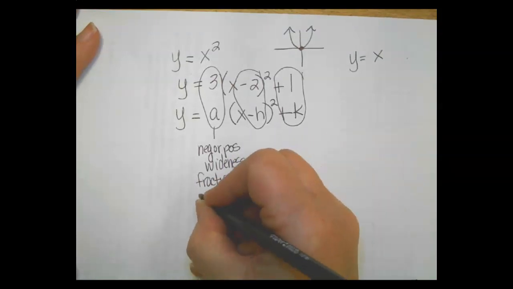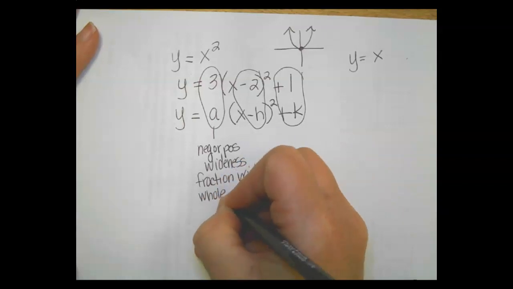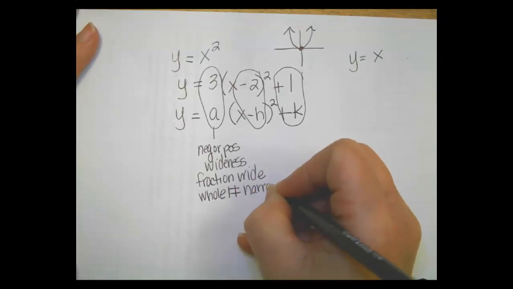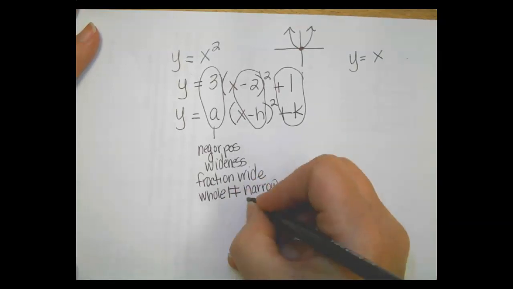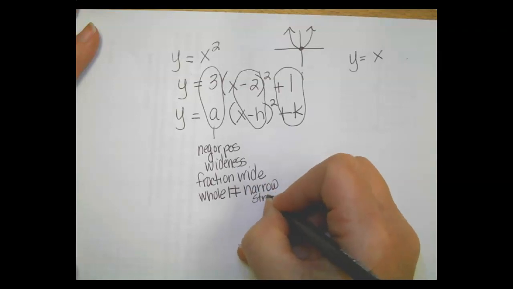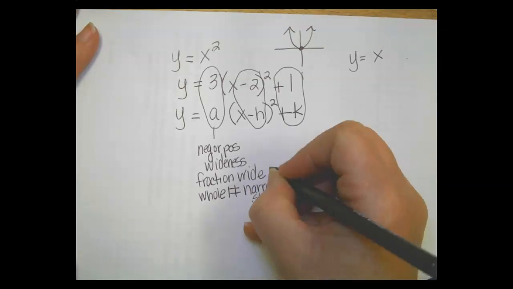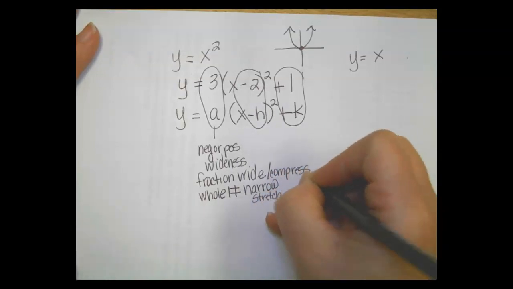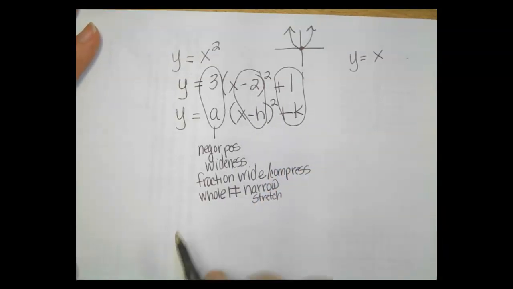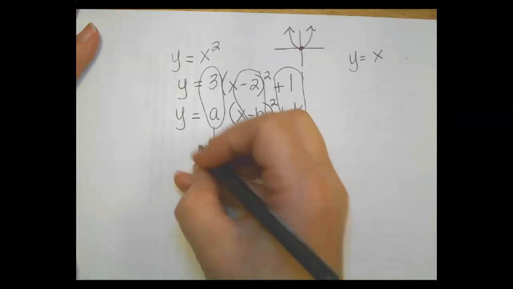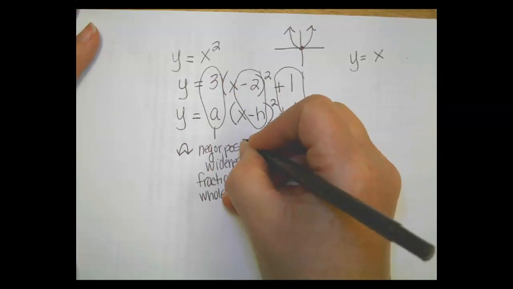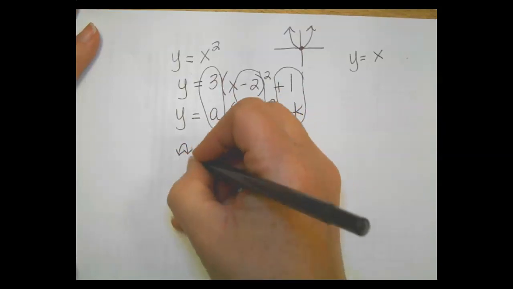A whole number is narrow, or they call it stretched. Wide they also call compressed. The other thing is, if it's negative, it's going this way, and if it's positive, it's going this way. Sometimes they call the negative a reflection.